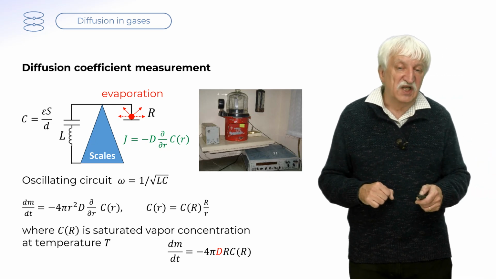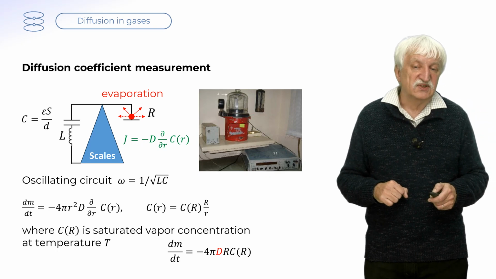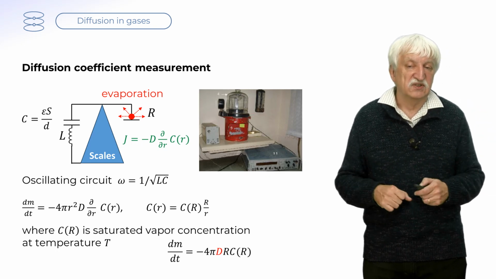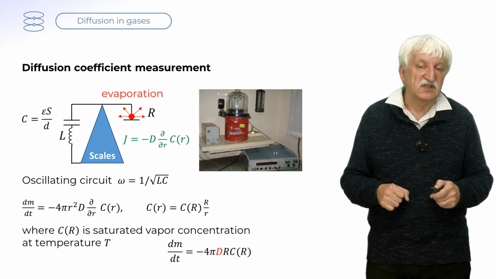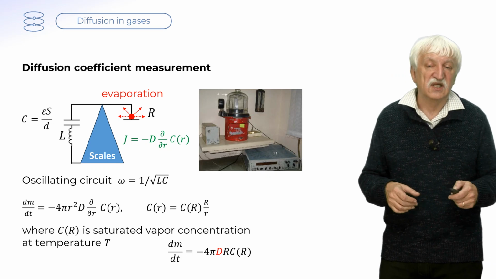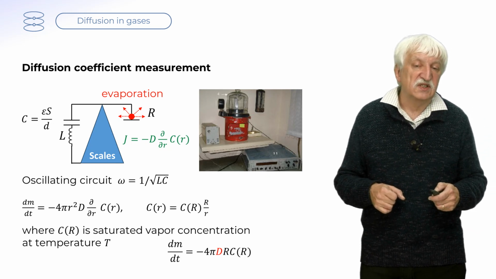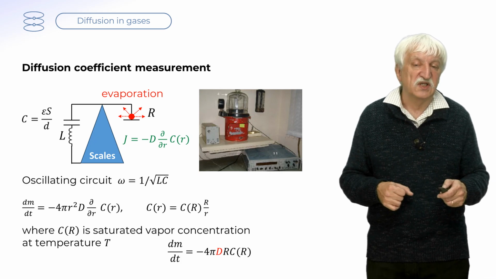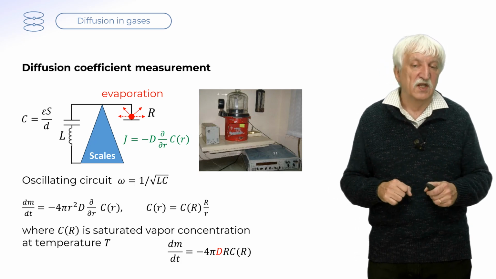One can check that the solution of this equation, that is r squared times the gradient of C, which is constant and does not depend on r, since C is inversely proportional to the distance r from the center of the drop.